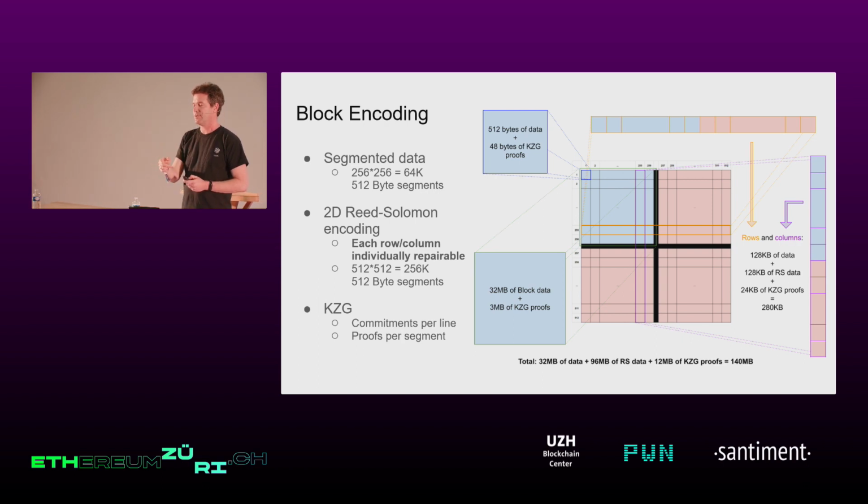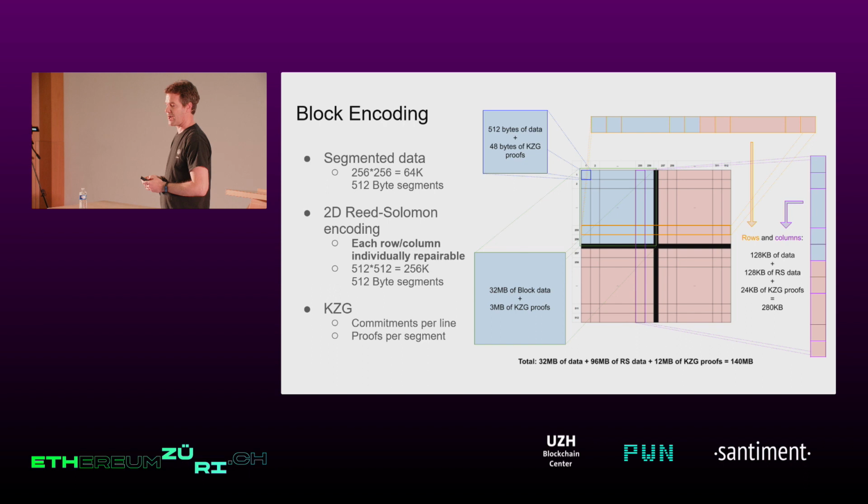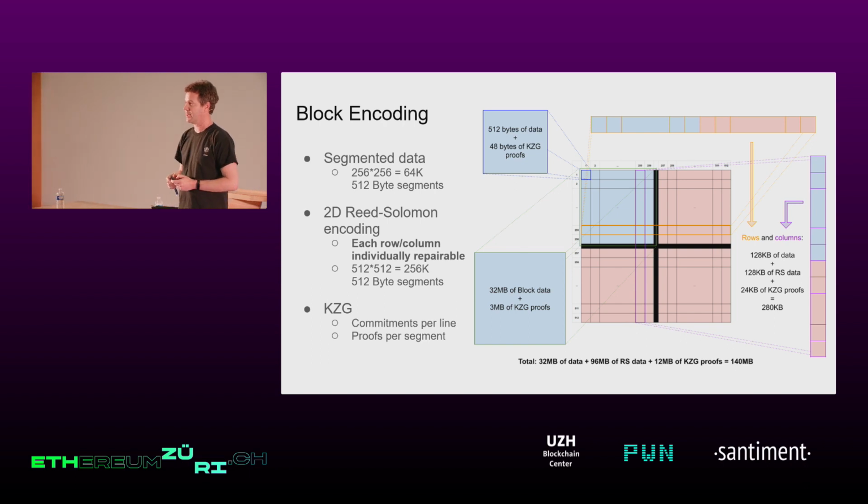Where the K that you see there, the 64K, is not the K that you've seen before. This is kilo, so this is 64,000 segments. So the data block, which is 32 megabytes, is divided into 64,000 segments, which is half a kilobyte per segment. And then over this, there is a Reed-Solomon encoding, but it's not a normal Reed-Solomon encoding.